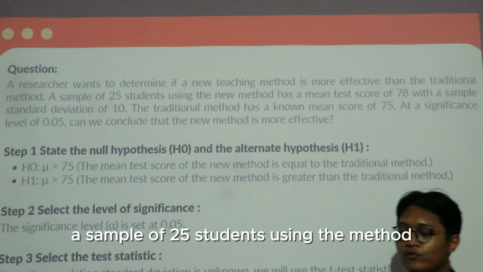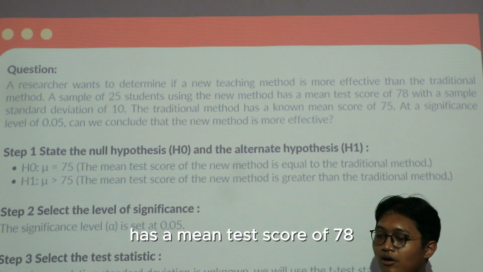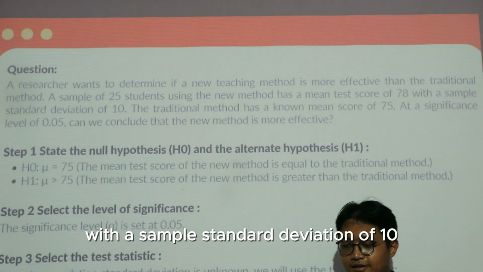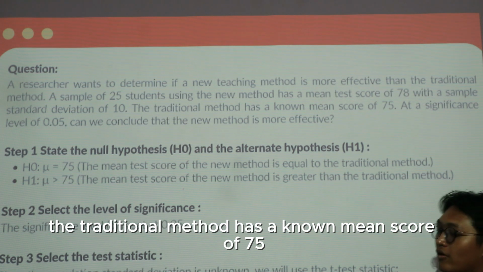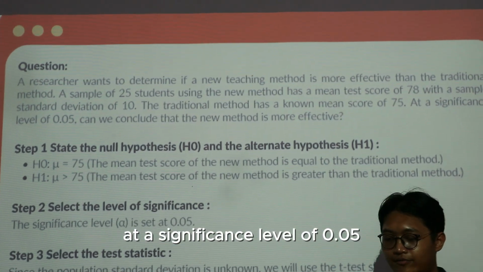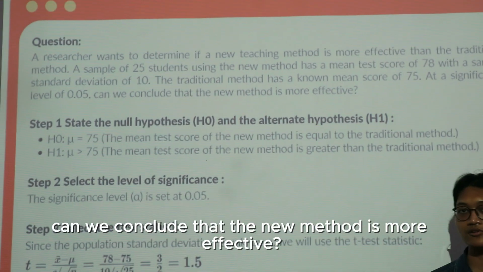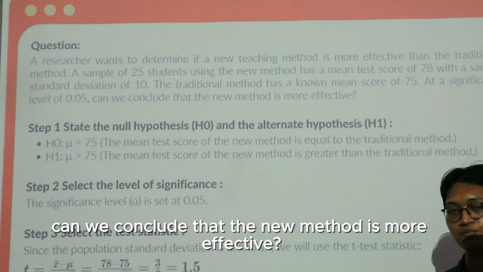A sample of 25 students using the new method has a mean test score of 78 with a sample standard deviation of 10. The traditional method has a known mean score of 75, at a significance level of 0.05. Can we conclude that the new method is more effective?